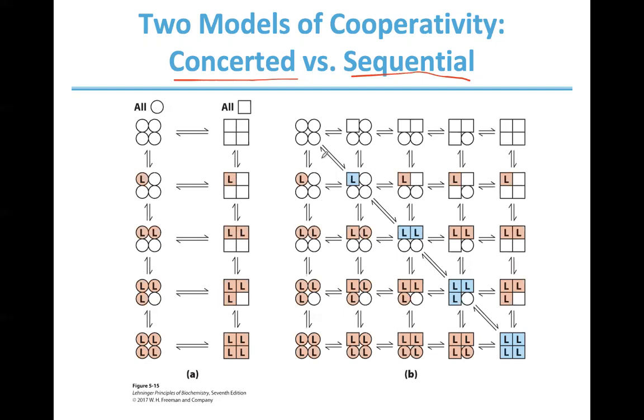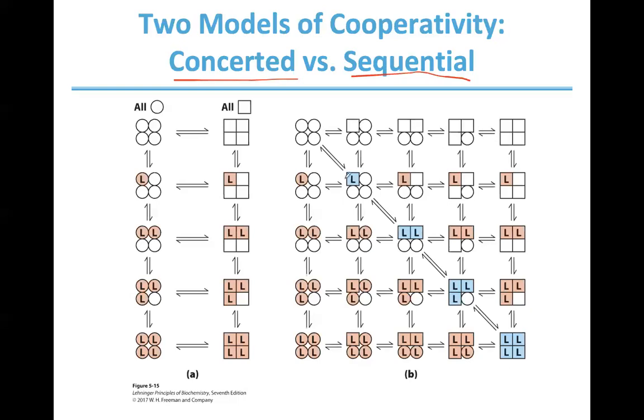So it's either they all change the shape at the same time or sequentially. Here you can see that there are four subunits and they can change shape sequentially. So now three circles, one square, two circles, two squares, and so on.